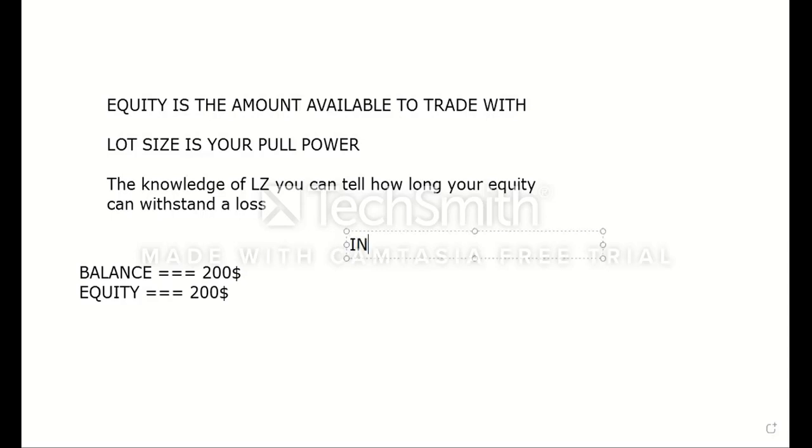For a scalper, I usually recommend to use nothing less than 0.05 for a $200 account, don't get it wrong. I'm using a $200 account to make an example on how to trade. So for scalpers, I would recommend 0.05 for whatever trade you want to go into.